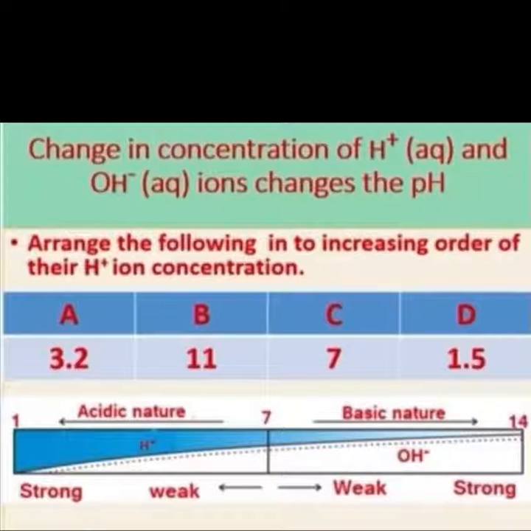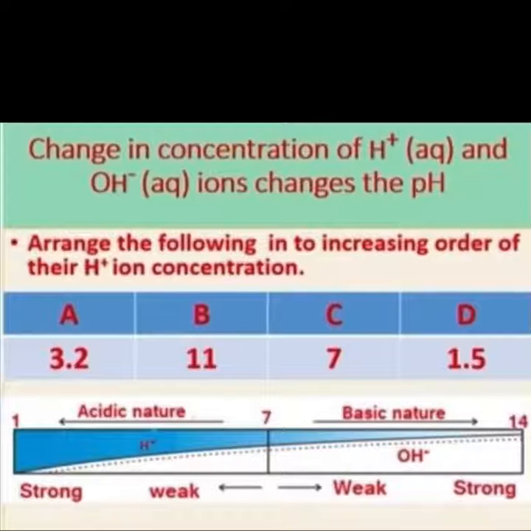Here which one is the smallest value? 1.5, right? Yes. So the solution D is having more H+ ion concentration because the pH value is very less in the case of solution D. Okay. Solution D having more H+ ion concentration. Then comes solution A because the pH value is 3.2.